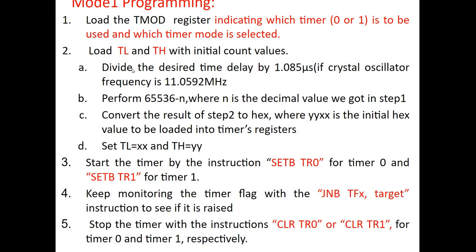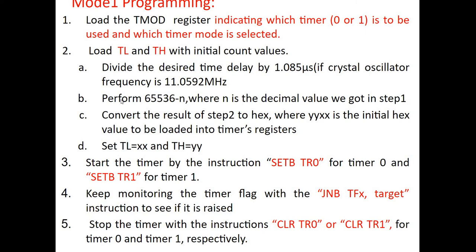The first step is to divide the desired time delay, whatever delay we need to generate, by 1.085 microsecond, which is the timer's clock period if the crystal oscillator frequency is 11.0592 megahertz. This value will vary if the crystal oscillator frequency varies.